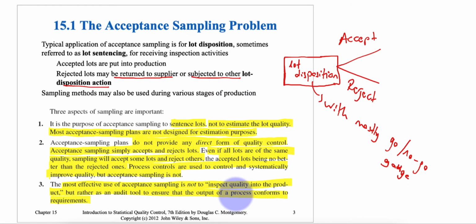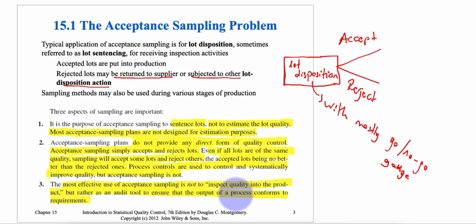So what are we doing in acceptance sampling? In the application of acceptance sampling, we are taking lots, then we are making a decision. This decision is called lot disposition or lot sentencing. In lot disposition, we are accepting or rejecting a lot, right? So to reject or accept the lot, we are making some inspections on the lot, then we are making that decision, accept or reject.